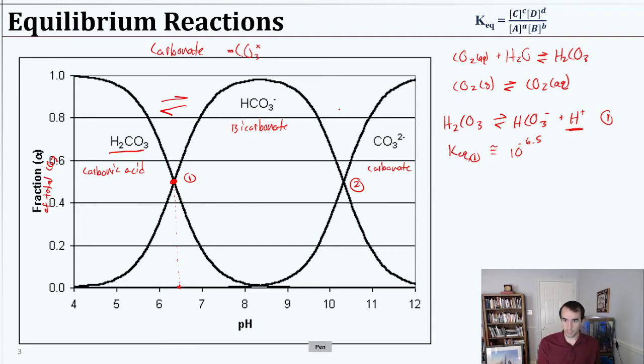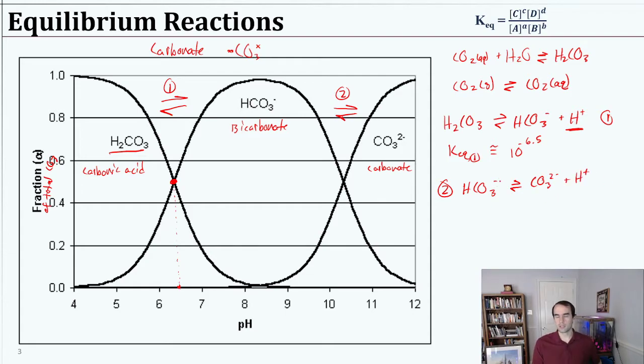So the next reaction, this set of reactions, or 2, we'll just write it here. So in the second equilibrium reaction set, we have HCO3 minus in equilibrium with CO3 2 minus plus H plus.